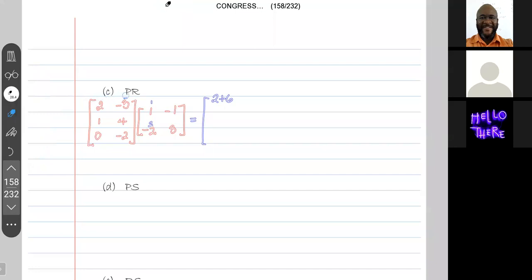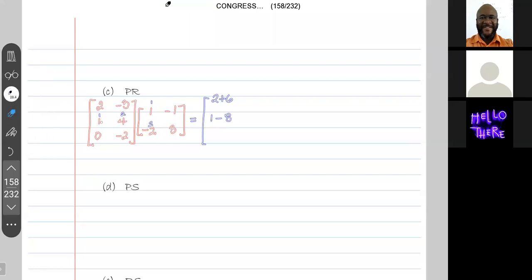Same left column. So if I multiply the middle row by the left column, I'm going to get the middle left element. First by first, second by second. So it's 1 times 1 is 1. 4 times minus 2 is minus 8.